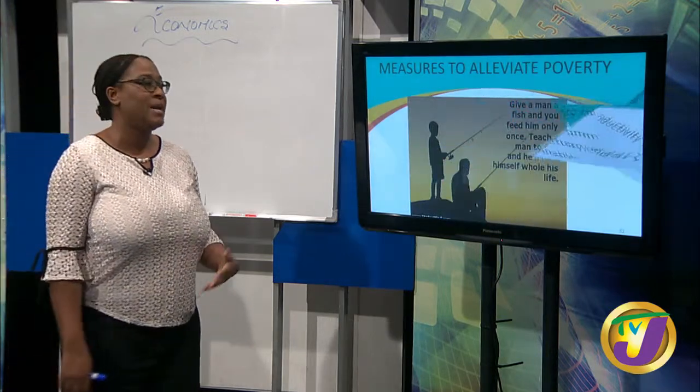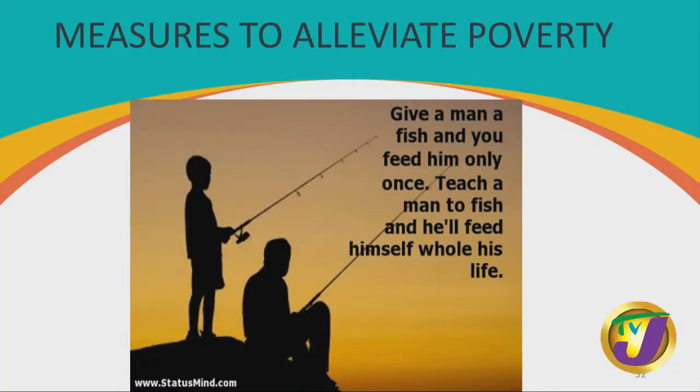There is this saying: give a man a fish and you will feed him only once. Teach a man to fish and he'll feed himself his whole life. So I'm just saying here, as much as possible as it lies within your power, get some training, get your education, and you'll be able to support yourself for life.